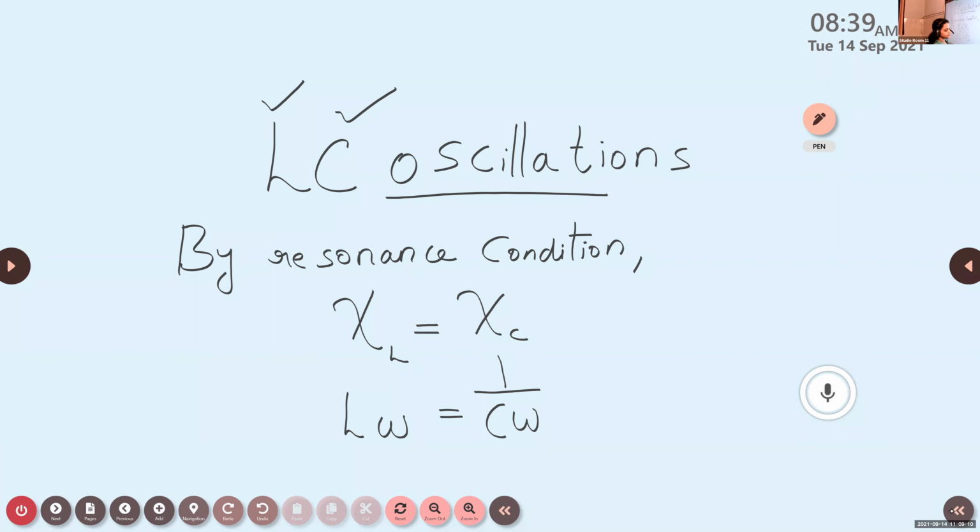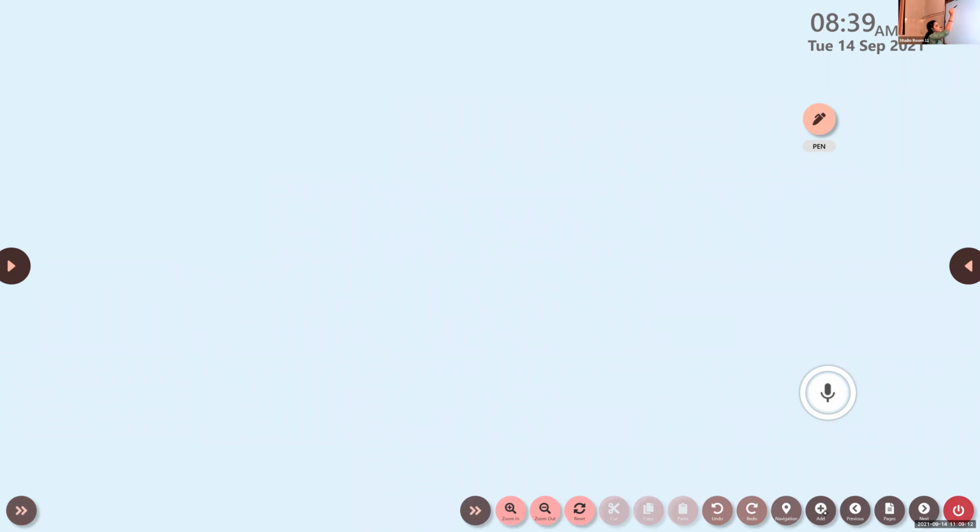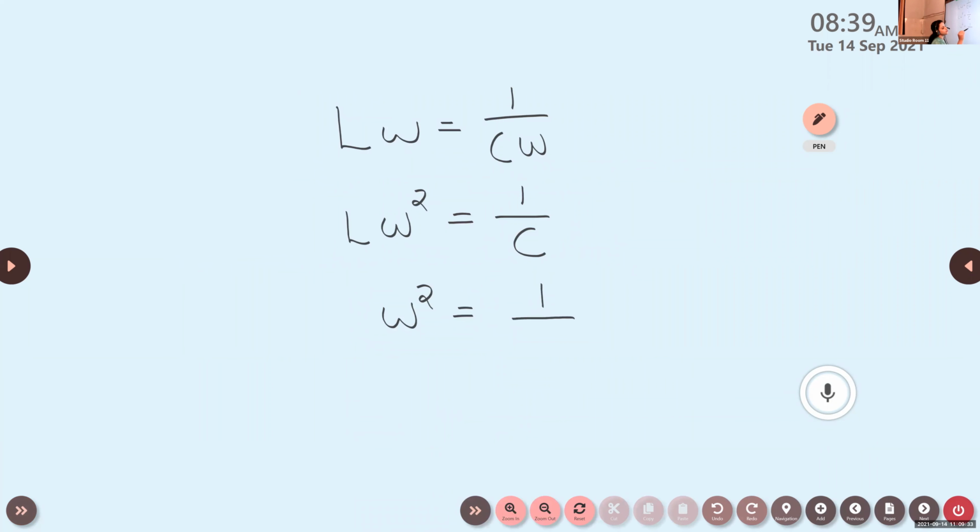So it becomes L omega square is equal to 1 by C. Now we can take this inductance L from LHS to RHS. It becomes omega square is equal to 1 by LC, which implies omega is equal to 1 by root LC.